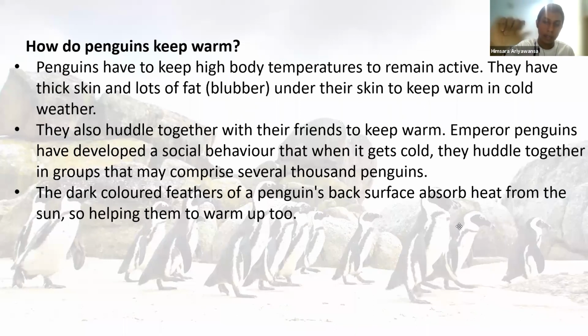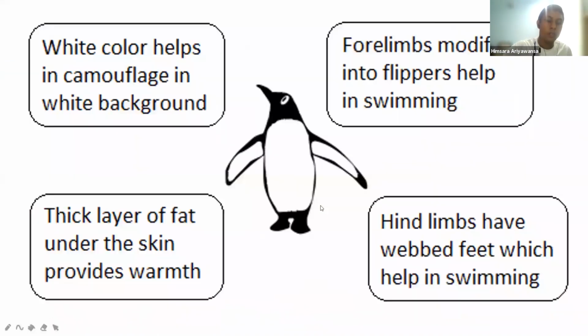One is the thick layer of fat. The second one is they huddle together, and the third one is the black color surface which absorbs heat from the sun. And so this is a small picture. The white color helps in camouflage in a white background.